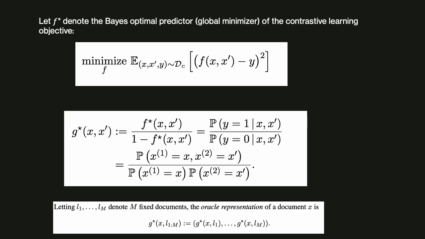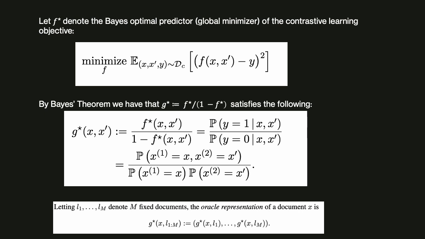And so if we let f star denote the Bayes optimal predictor of the contrastive learning objective, by Bayes' theorem, we have that if we let g star equal f star over 1 minus f star that we saw before, we get this following expression.